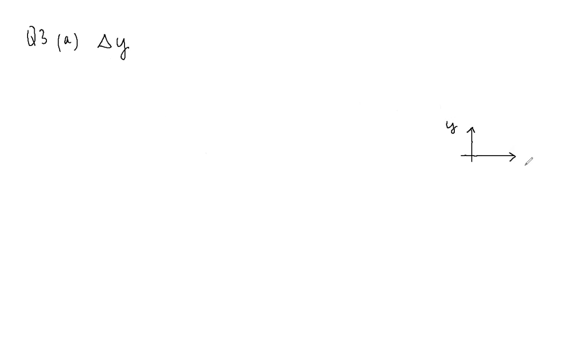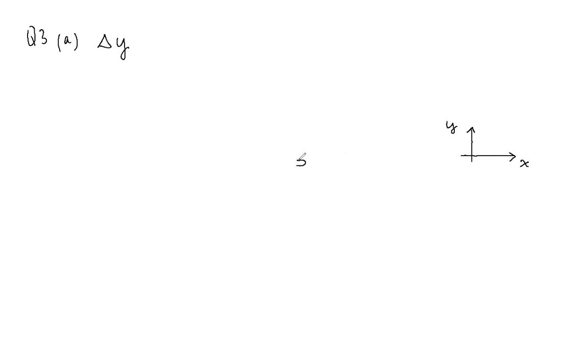There's your y-axis, there's your x-axis, and y is increasing going up, and x is increasing going to the right. So positive direction is up, and positive direction is right.